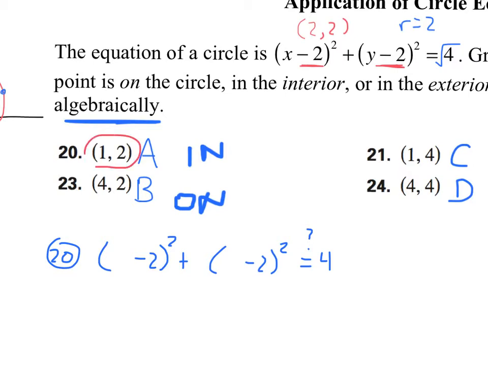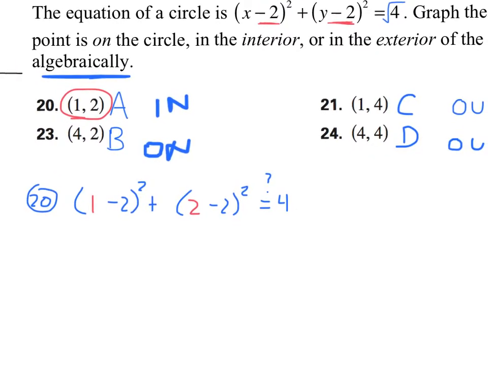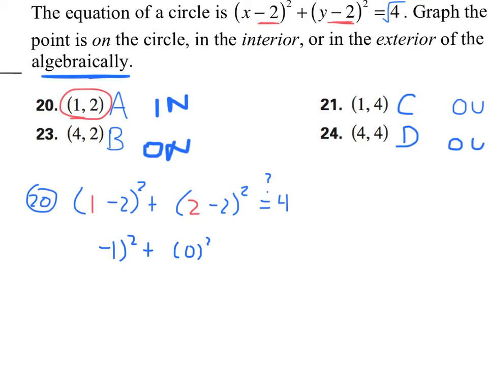So I have to take the point 1, 2 and plug it in. Now when I simplify, I have -1 all squared plus 0 squared equals, with a question mark, 4.